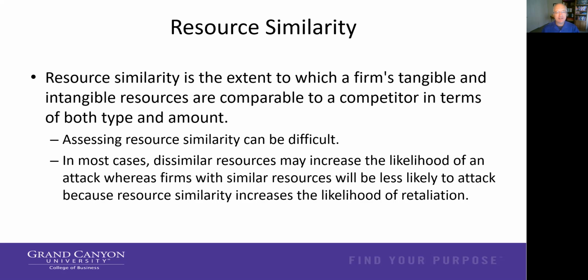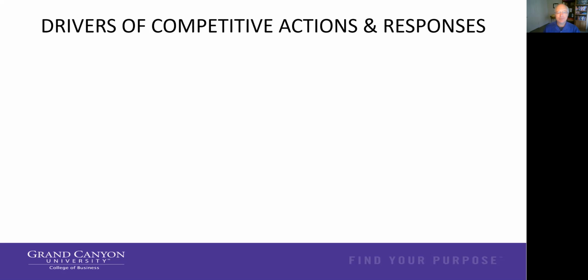Next, we want to look at the drivers of competitive actions and responses. First, we have awareness. Awareness refers to whether or not the attacking or responding firm is aware of the competitive market characteristics, such as the market commonality and the resource similarity of potential attacker or respondent.